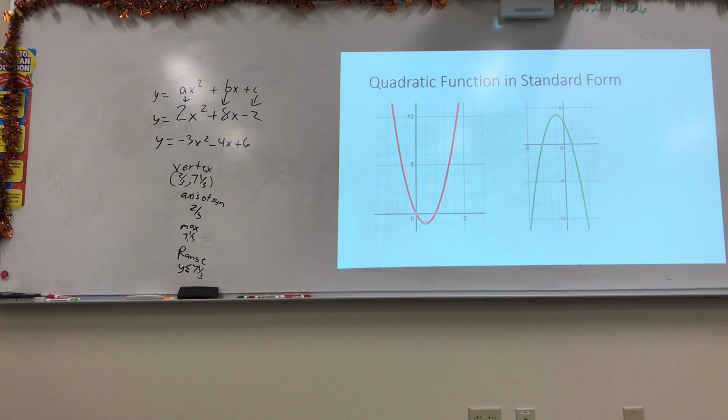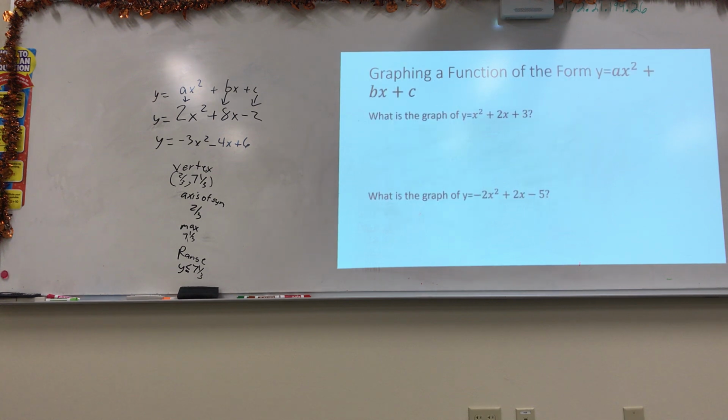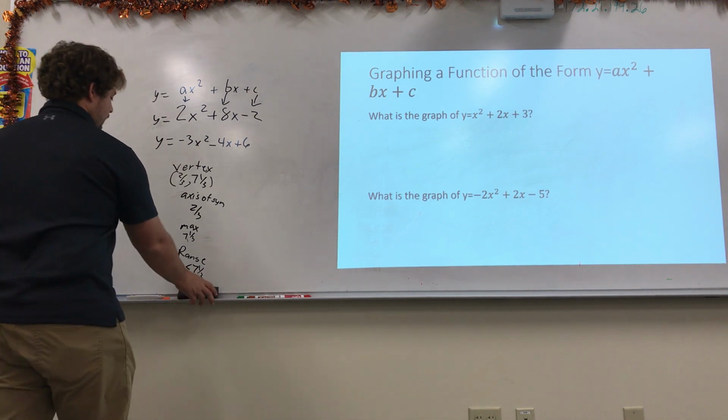On the other one, your vertex is up there, your y-intercept is 4, so that's what your c value is going to be. Okay, we want to graph these equations. First I have to put them in, and I'm going to do both of these on this board before I go to graph.